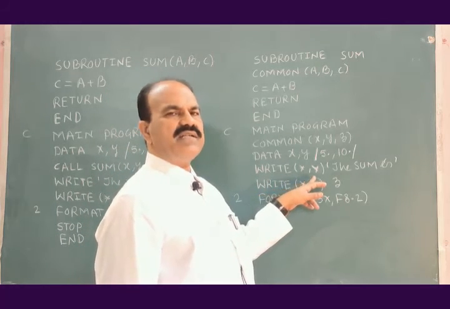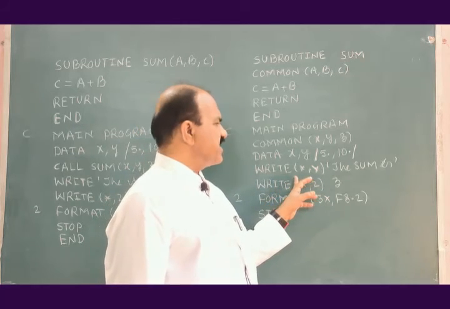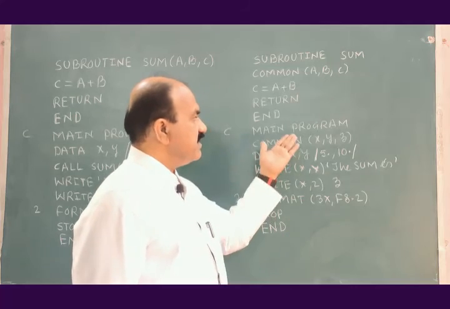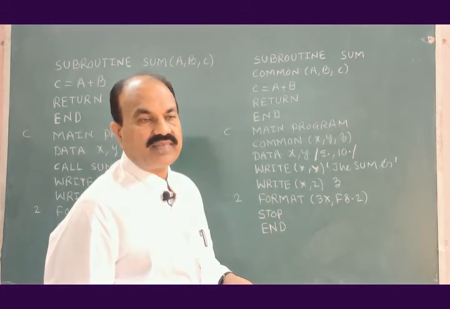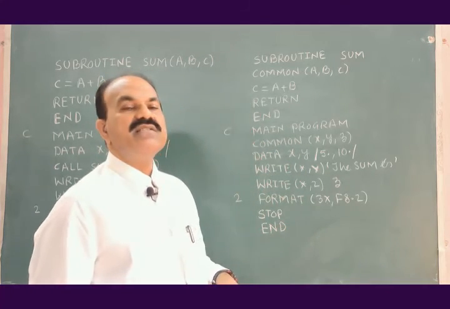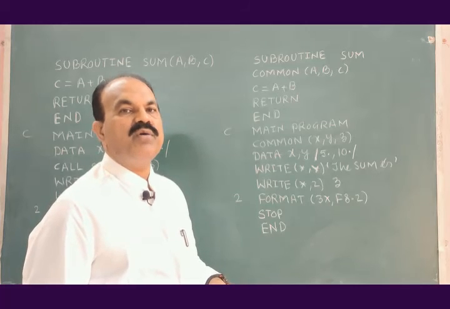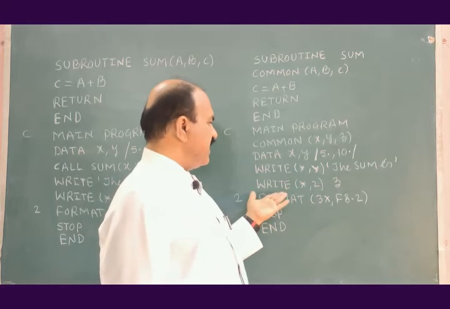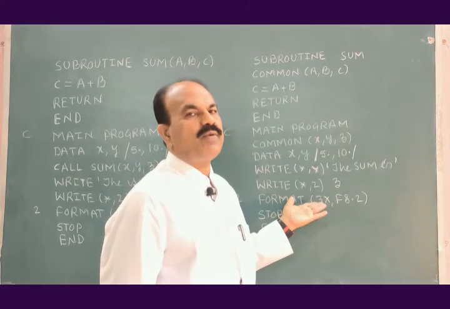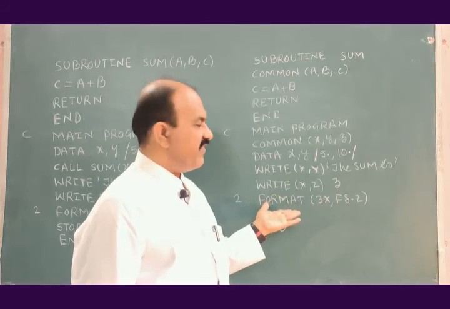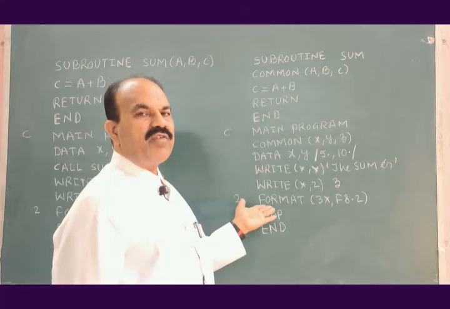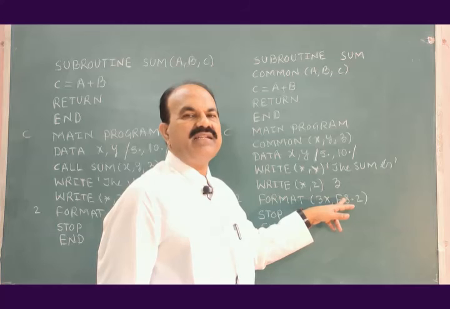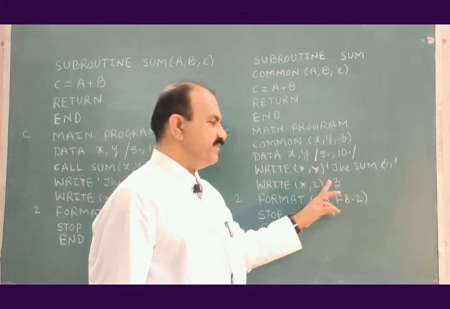Again a comment. Write (*, *) the sum is. And what is the sum? The sum is z, according to the subroutine, which is the sum of x and y. Write or print this: asterisk for the default device, 2 for the line number of the format, and this is the sum of x and y. It will be real.